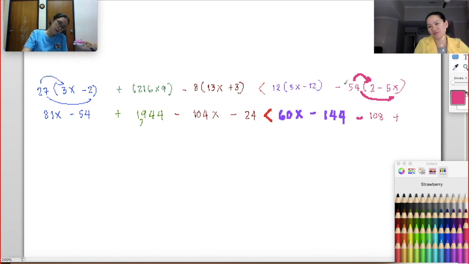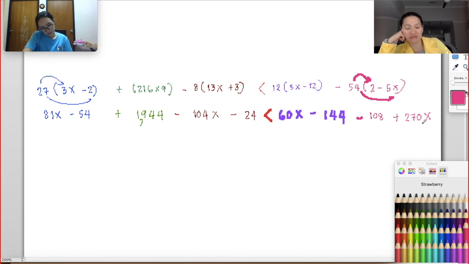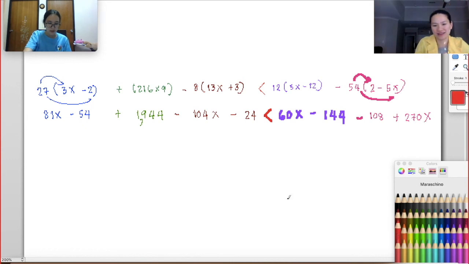Plus, minus negative multiplied with negative is positive. Ooh, it's quite long, but it should be okay. 270x. You okay about that, Jasmine? You good? Okay. Let's see. We still have the symbol less than here.